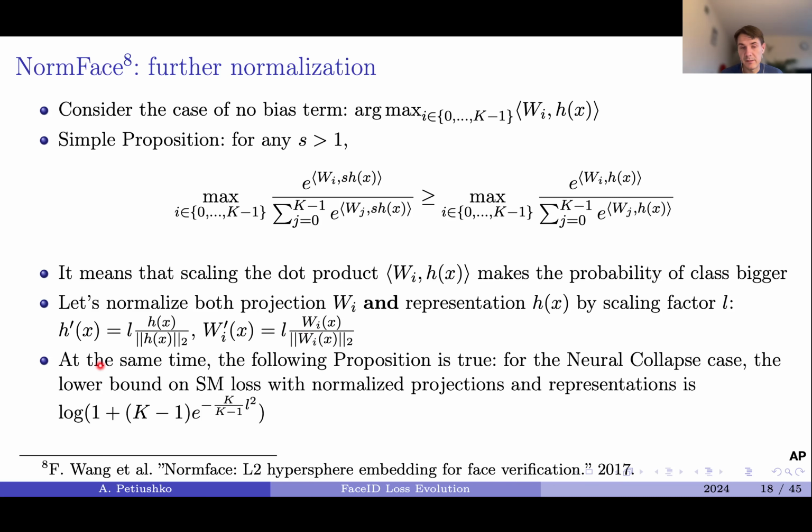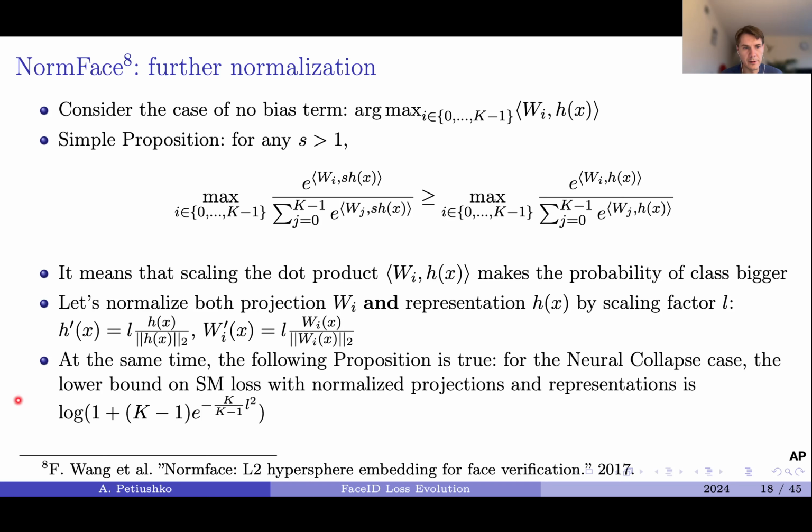At the same time, remember neural collapse. That's why we had this slide a couple of slides before. For the neural collapse case, the lower bound for softmax loss with normalized projections and representations is this value.